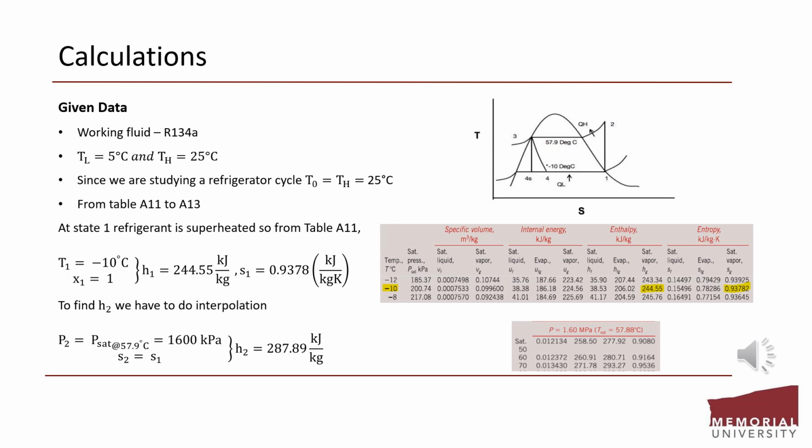Now in state 2, we have a saturated pressure of 1600 kilopascal. To find enthalpy at state 2, we have to use the interpolation method. By doing that, we get the enthalpy at state 2 of 287.89 kilojoule per kilogram.